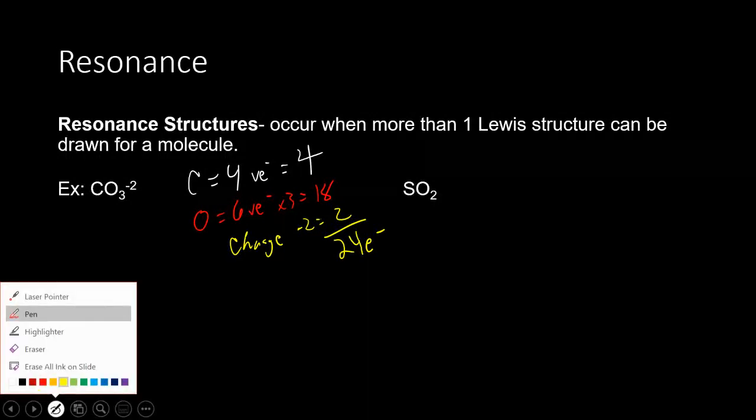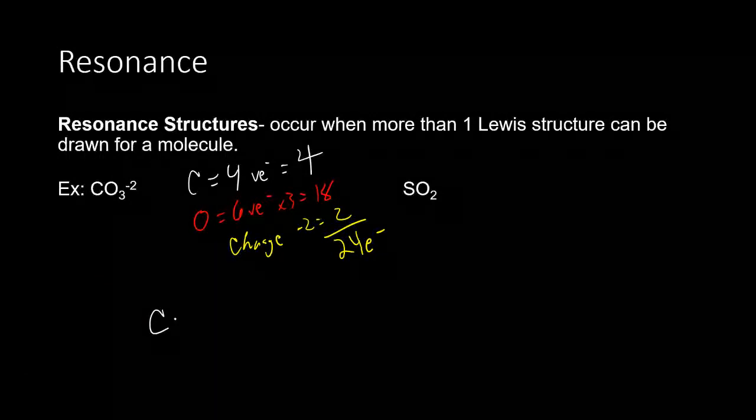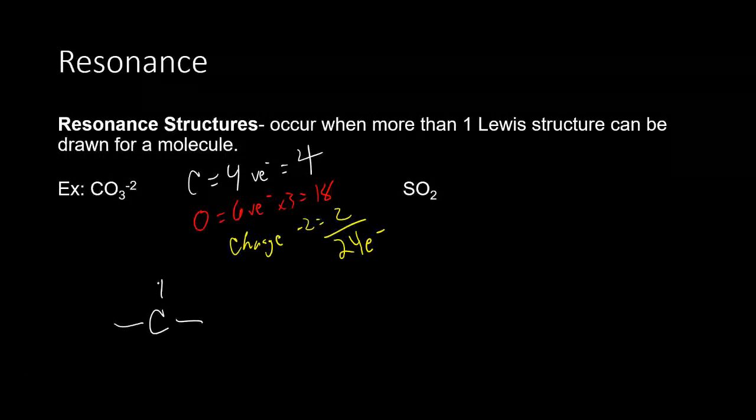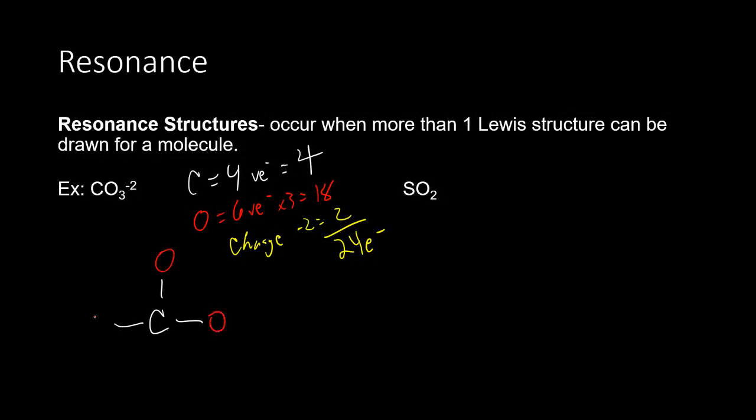We start with carbon in the center. You bond carbon to each of the oxygens. Those bonds take up 2 electrons each, so that's 6 electrons for the 3 bonds, and that leaves us with 18 electrons.